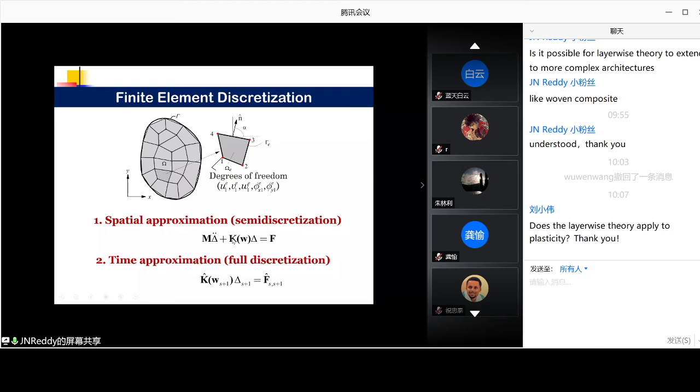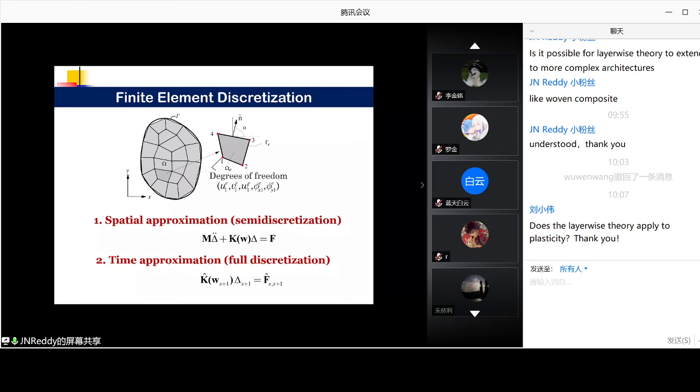K will depend on the unknown, which makes it a nonlinear equation. The structural dynamics equations are second order time differential equations in terms of the nodal values. Then we further approximate these dynamics equations to eliminate the time derivatives and come up with the equation shown at the bottom, which is called the fully discretized problem.